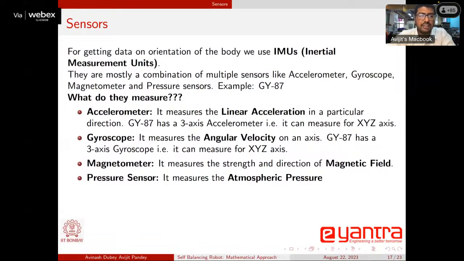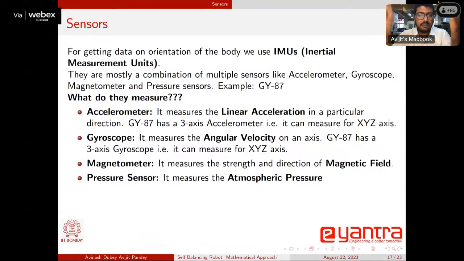Actually, it is shown in the PPT. The accelerometer measures the linear acceleration of the body, and the gyroscope measures the angular velocity of the body. Through these sensor values, we can do a little bit of math and find out the orientation of the body, what is the angle of the body, what is theta c.